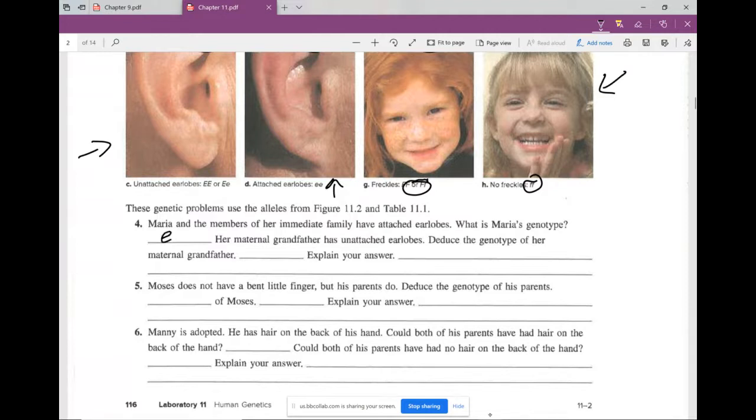Therefore, if you have attached earlobes, you have this genotype. Her maternal grandfather has unattached earlobes. Deduce the genotype of her maternal grandfather. All right, so her maternal grandfather was either homozygous dominant or heterozygous.